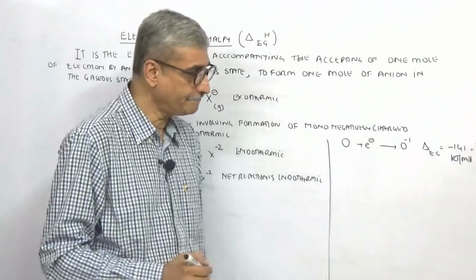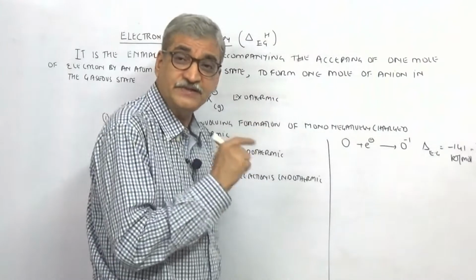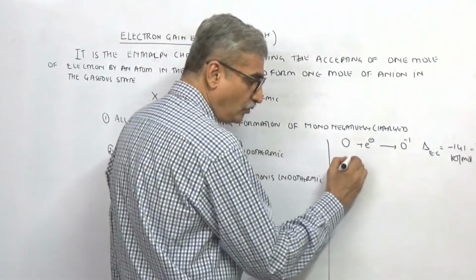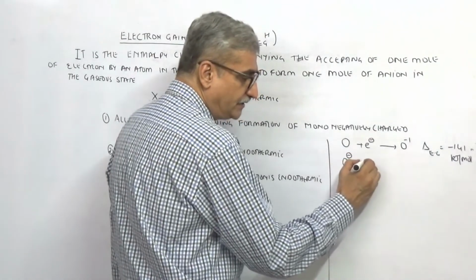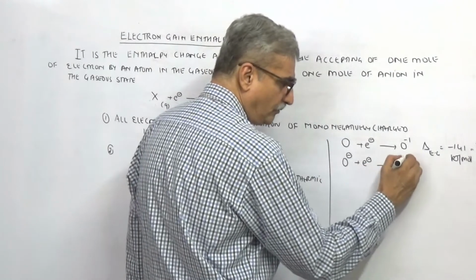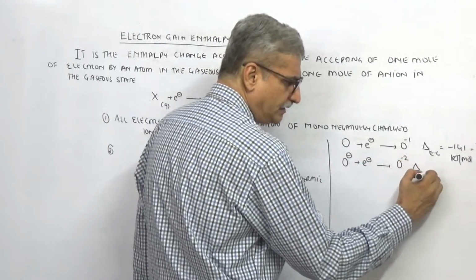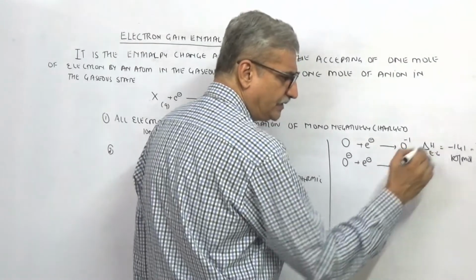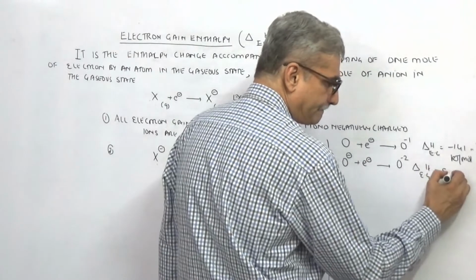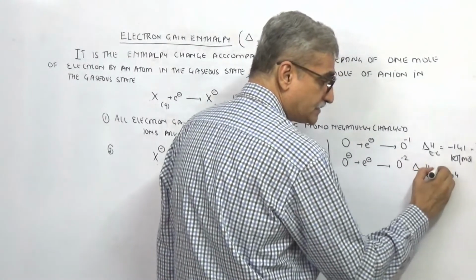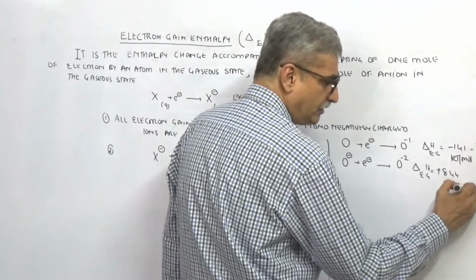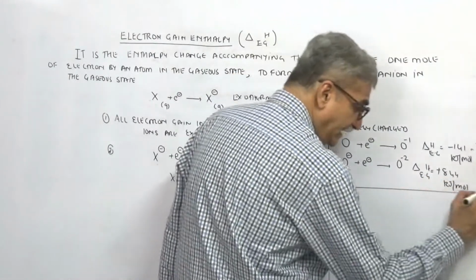This is a question which has been asked in the entrance exam, that's why I'm discussing it. So O minus, the oxide ion, takes 1 more mole of electron to form O minus 2. Here the delta electron gain enthalpy was plus 844 kilojoule per mole. Plus means it is endothermic.